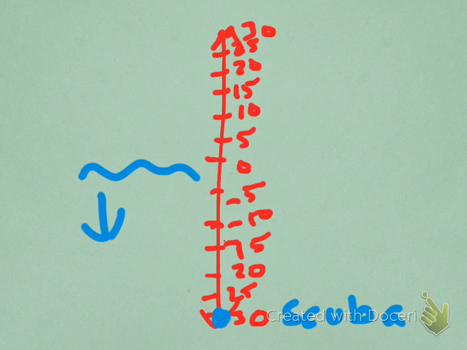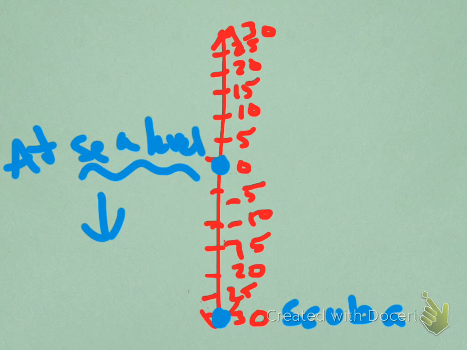Now the next plotting would be: the sailor is at sea level. Where would you plot that? So go ahead and pause. Okay, so hopefully you wrote your answer down, and it would be at the 0 level because he's at sea level. At sea level represents 0.